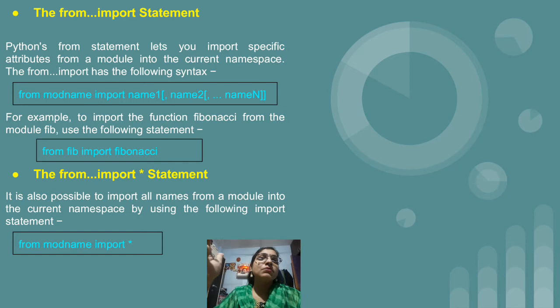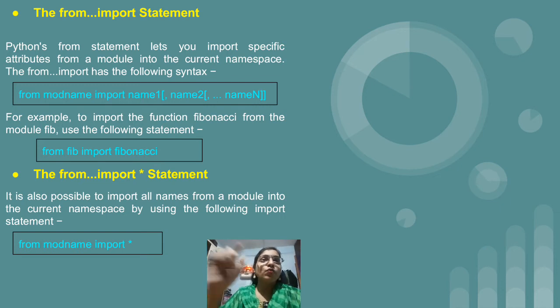For the same, the syntax is given: just write the from keyword, after that the name of the module from which you want to access the methods. After that use the import keyword, and after the import keyword, whatever functions or methods you want to access from that particular module, write down the list of those methods.